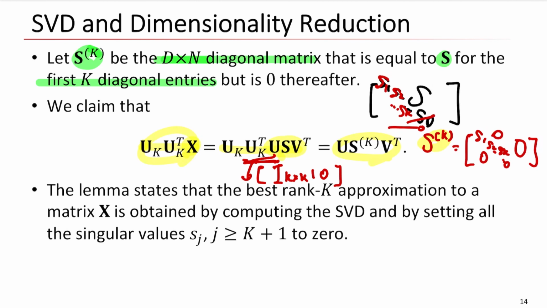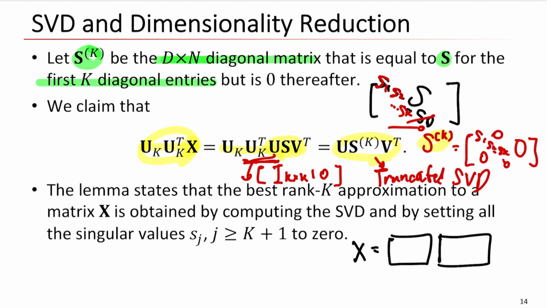So this is called the truncated SVD. It means that we decompose X into D by D, D by N, N by N. By using all the information, we can perfectly reconstruct the original matrix X, right?